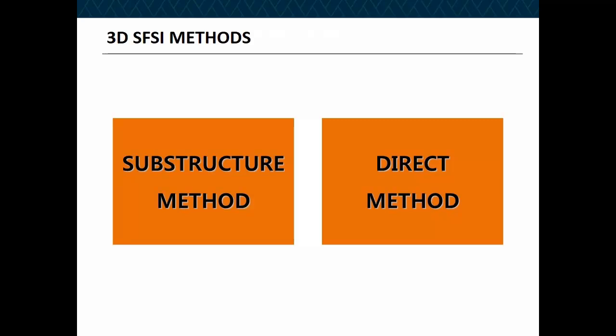It's an iterative process. It is not as good as using a direct method. In the direct method, we model the foundation, the soil, the column, and the superstructure as one entity. It would basically be a direct model.